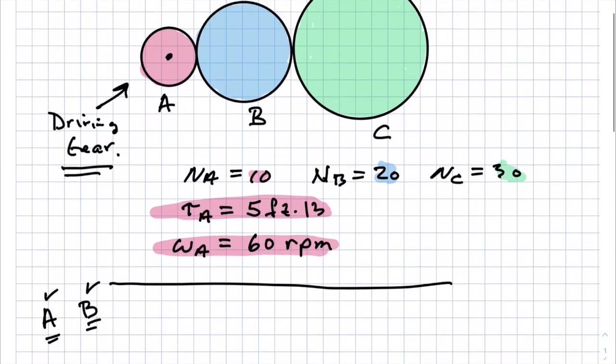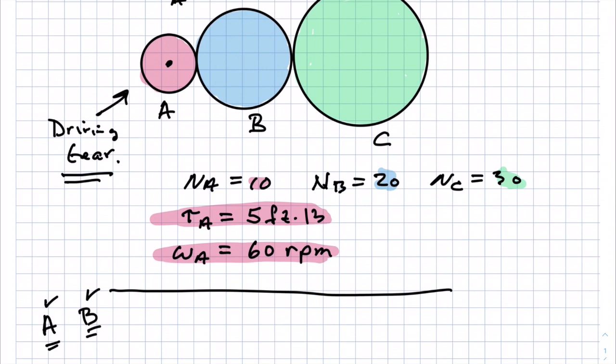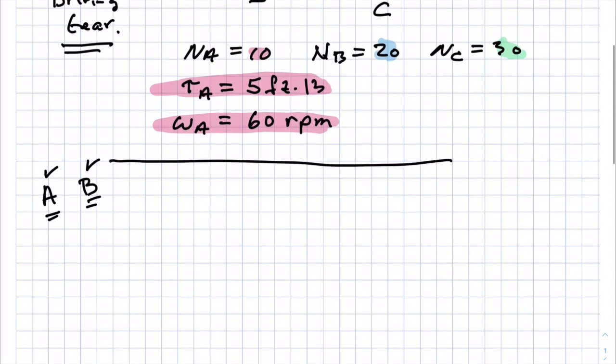If you ran a gear for a while, let it start rotating, and you marked it, if it was a wheel and you let it roll out, it would cover some kind of horizontal distance based on the number of revolutions. So I could look at the distance traveled by gear A. If you unspooled it and rolled it out onto the ground, the distance traveled would be the number of rotations, so revolutions.